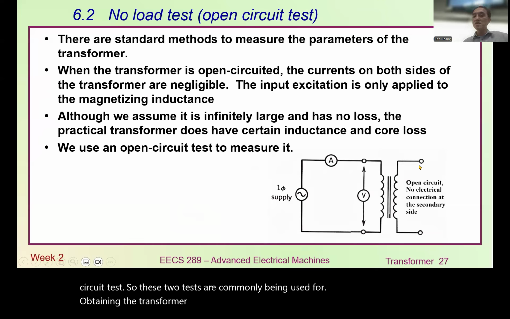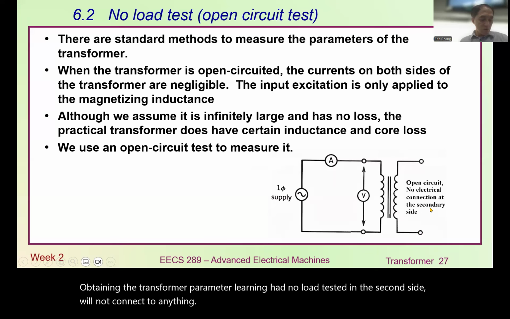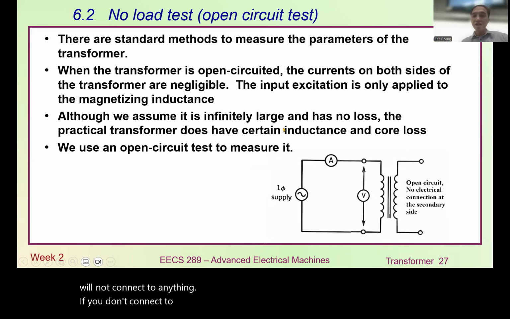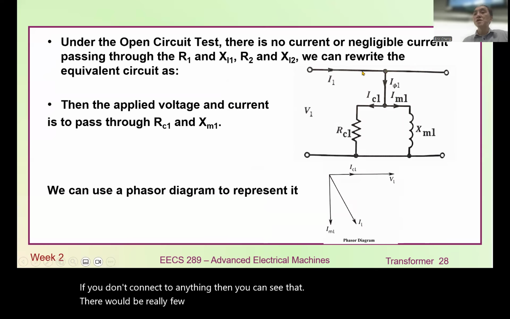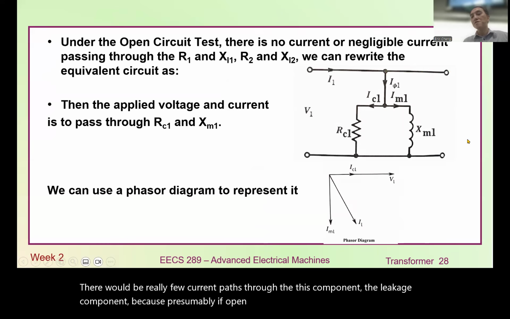Then you have the open-circuit test, which means the secondary side is not connected to anything. If you don't connect anything, there will be very little current passing through the leakage component, because with an open circuit, no current passes through the secondary side.